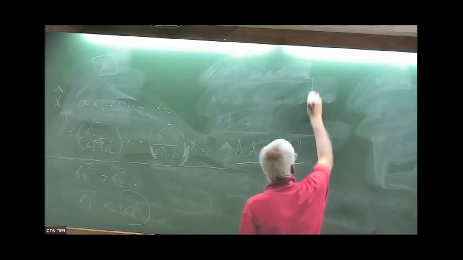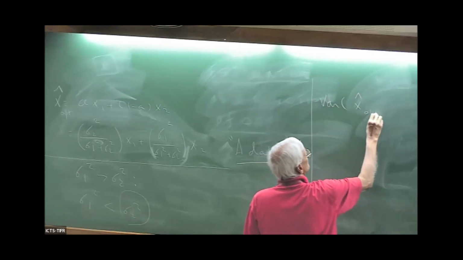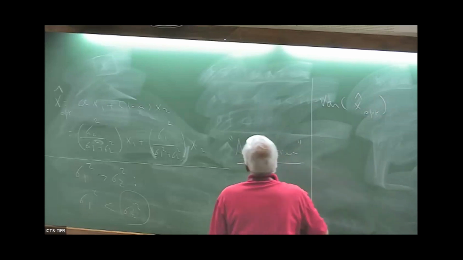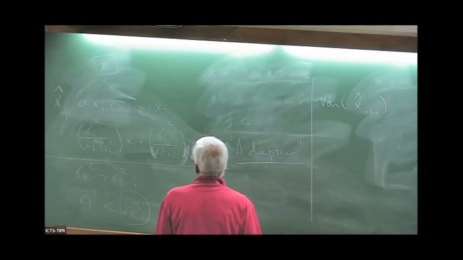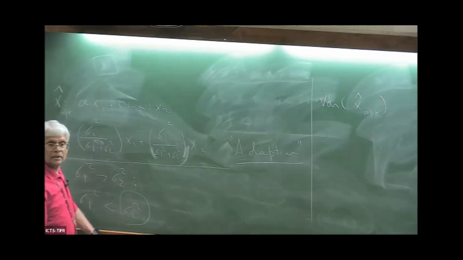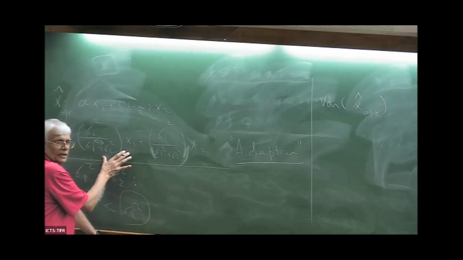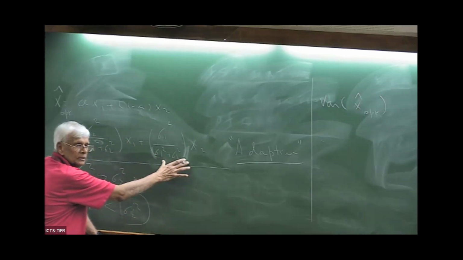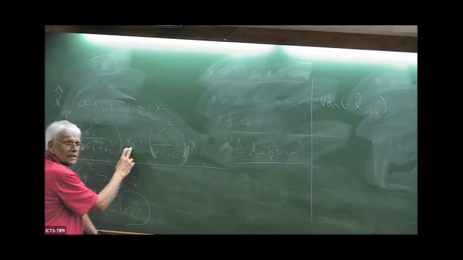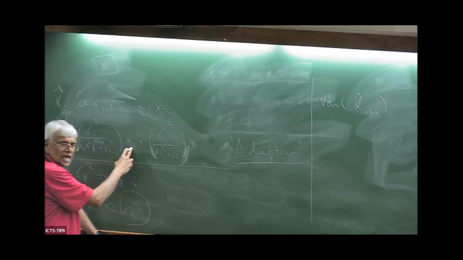So I'm now going to compute the variance of x hat opt. So what is the variance of this? These two are independent or uncorrelated. So there is no cross term. I have to compute the variance of this product. This is a constant that multiplies that. So the square of this will multiply the variance of that.